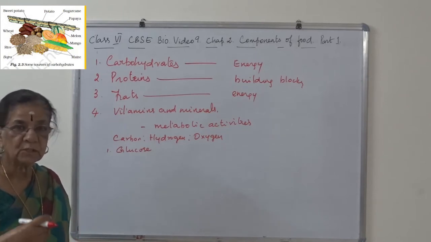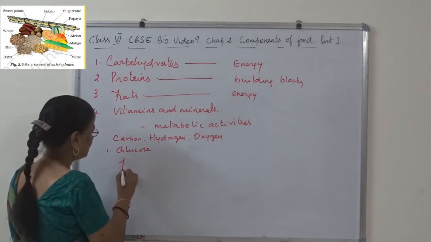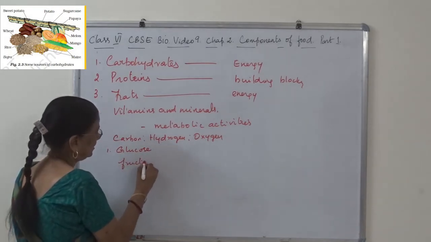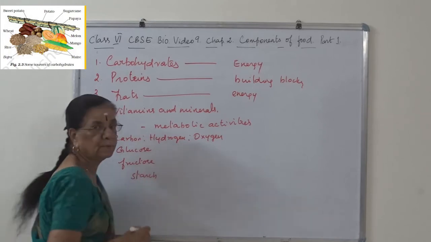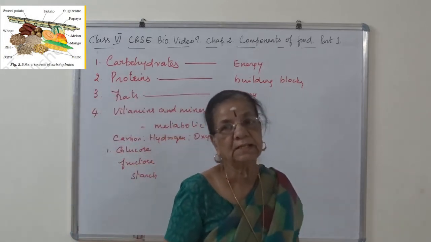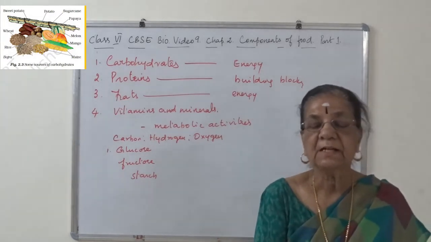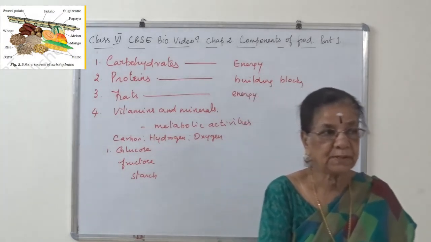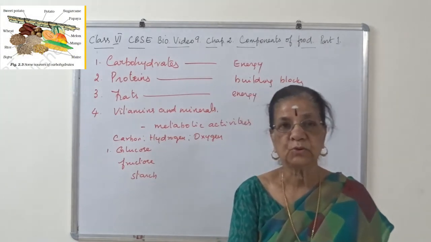Right? That on further synthesis, it becomes fructose and starch. In lower classes, you have learned that starch is prepared by the green plants by the process of photosynthesis.